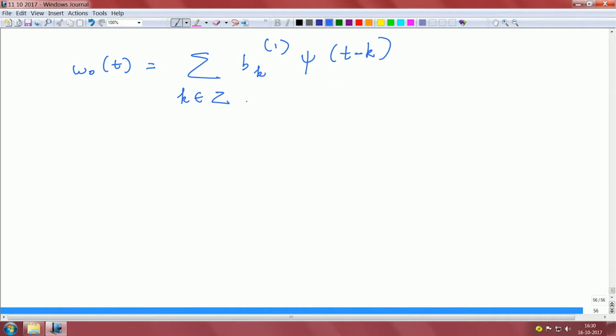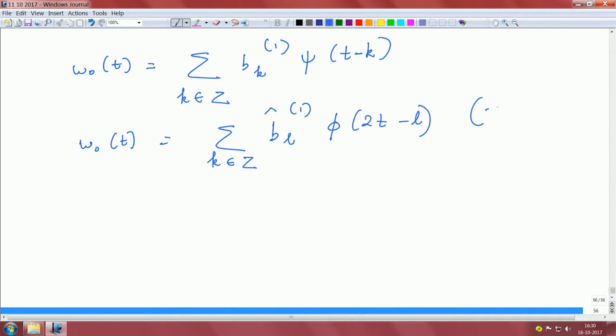Using the wavelet basis I can expand this, but I can also write W naught of t as summation over the set of integers of some b l hat of 1 phi of 2t minus l, because W naught belongs to V1, right. W naught belongs to V1. So, basically I have done two forms of expansion, one in this W naught space itself and the other in this space using V1 as the basis.